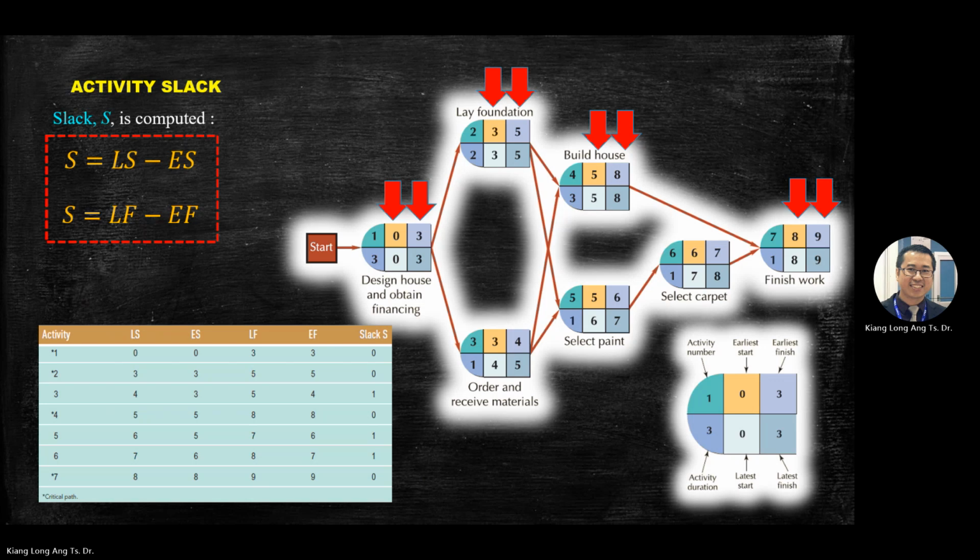You want to build this table also can, or you only need to show me this equation. You write this equation, then show activity 1, you put in the number equals 0. Activity number 2, you put in the number equals 0. Activity number 4 equals 0, and so on.